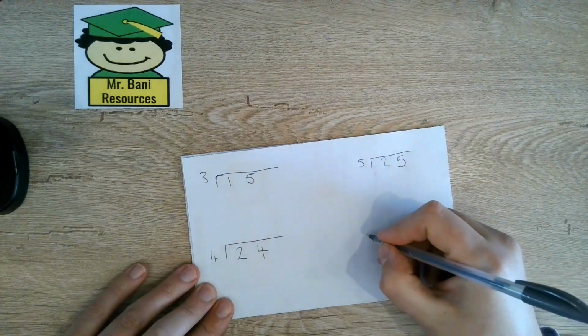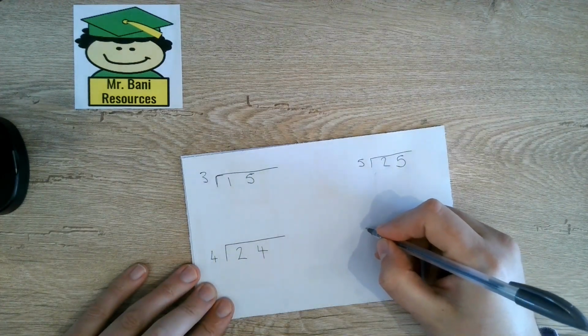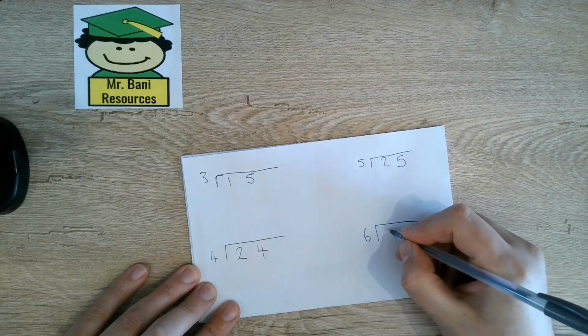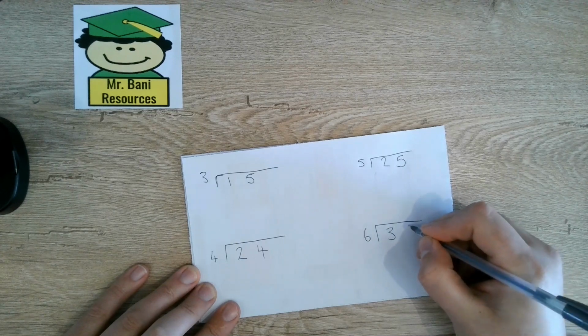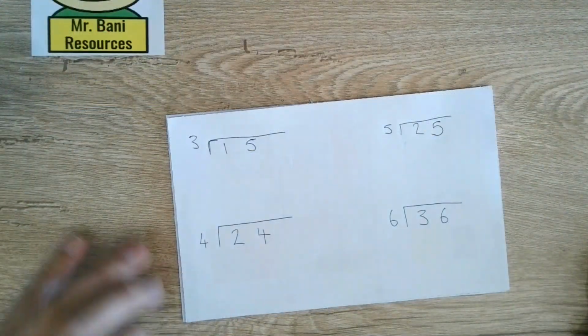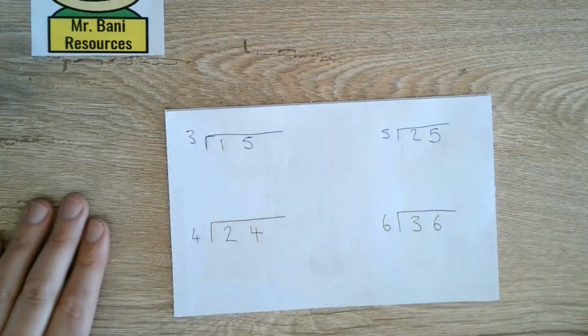And then finally we'll do our 6 times table. See how many 6's go into 36. No worries.